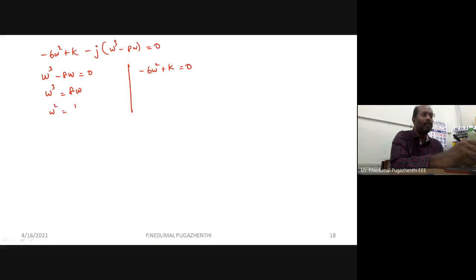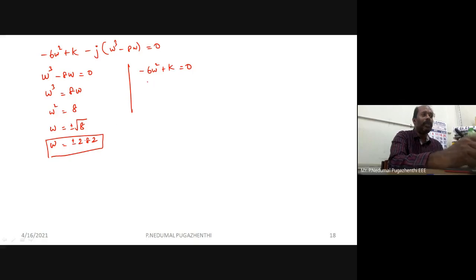Omega squared is equal to 8. So omega is equal to plus or minus square root of 8. What is square root of 8? Can anybody say? Yes, plus or minus 2.82. So omega value is going to be plus or minus 2.82.